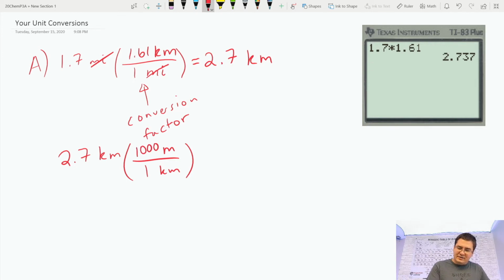So basically, and you know from physical science, 1K is equivalent to 1,000. So I'm saying that those are equal. Again, that conversion factor has to be the same distance or same quantity or scale on the bottom and top. So I multiply this, I can do this in my head, that's 2,700. And I know that it comes out in meters because my kilometers cancel.